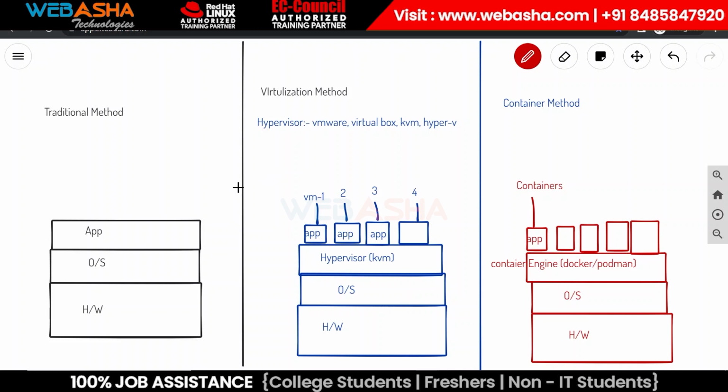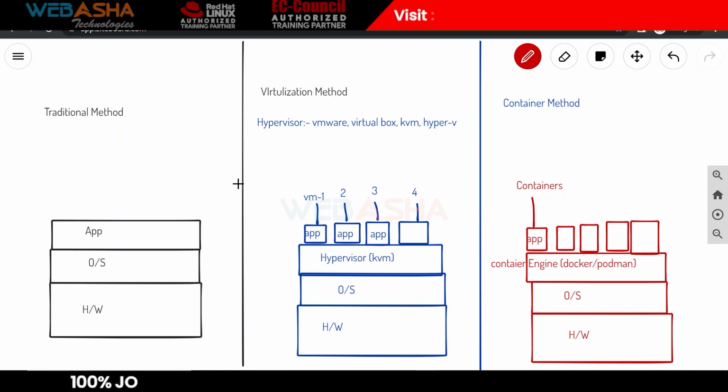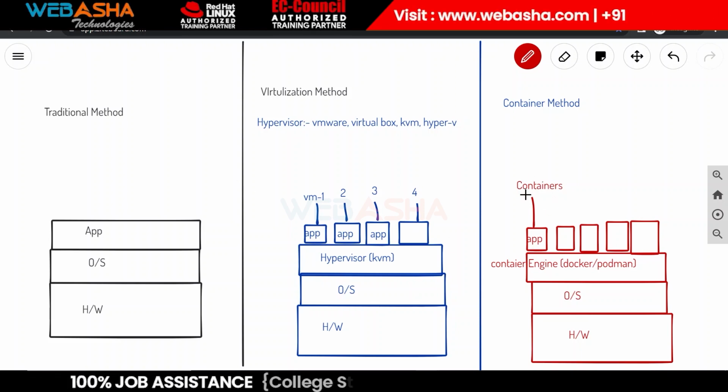In the virtual method, you need to specify and fix the hardware resources, like CPUs, memory, RAM, and storage. In the case of containers, all the containers use the same hardware resources provided by your administrator.